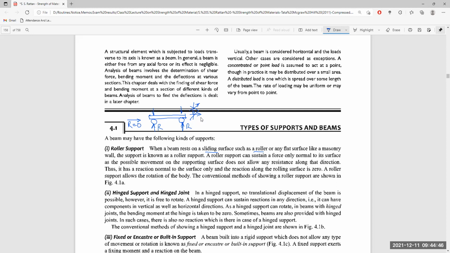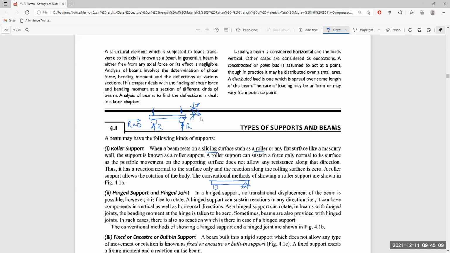The hinge support and hinge joint. In a hinge support no translational movement of the beam is possible. Say if the beam is rotated like this, it is hinged at one point like this and may be supported by a roller at this point.